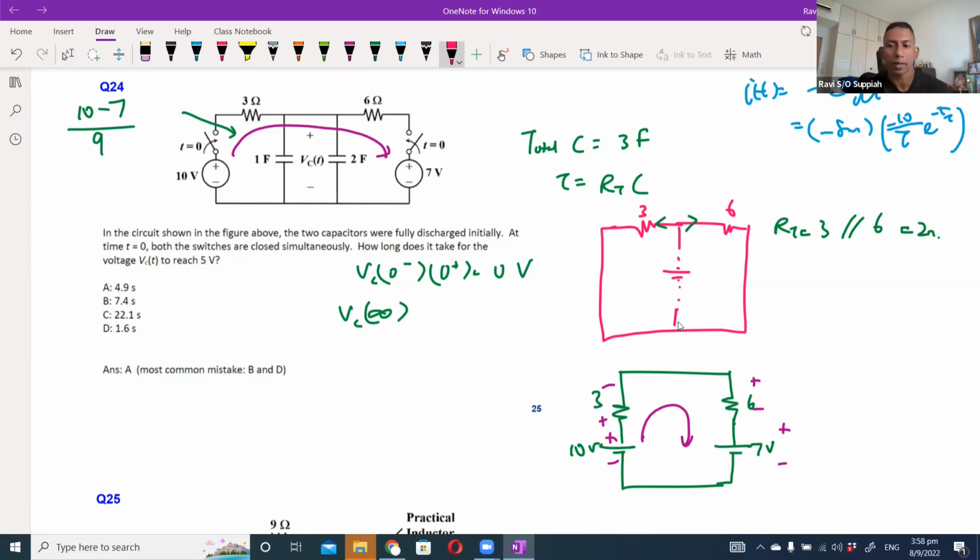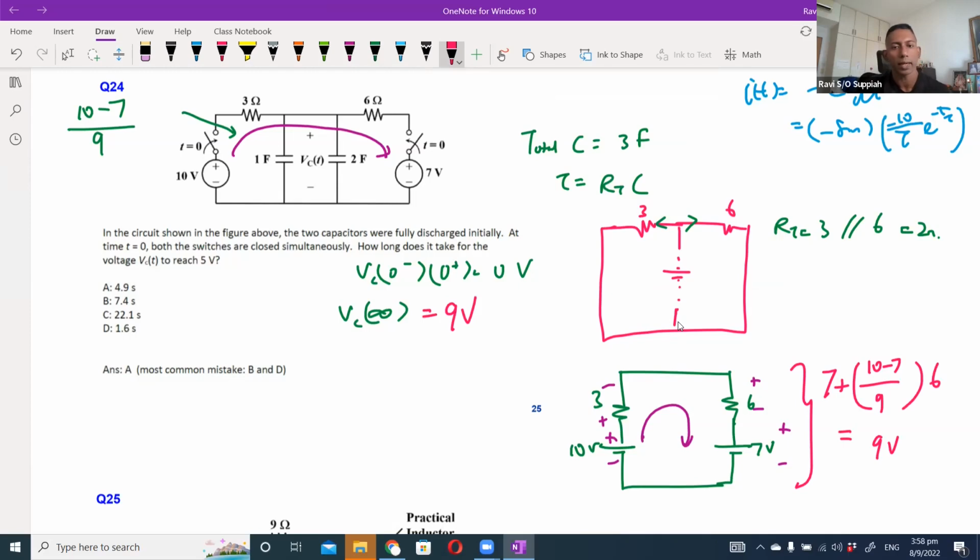If I take the right hand side branch, I add them up. So the right hand side branch total voltage will be 7 plus IR, where I is 10 minus 7 over 9, multiplied by the R. That gives me 9 volts. So the VC infinity would be 9 volts.